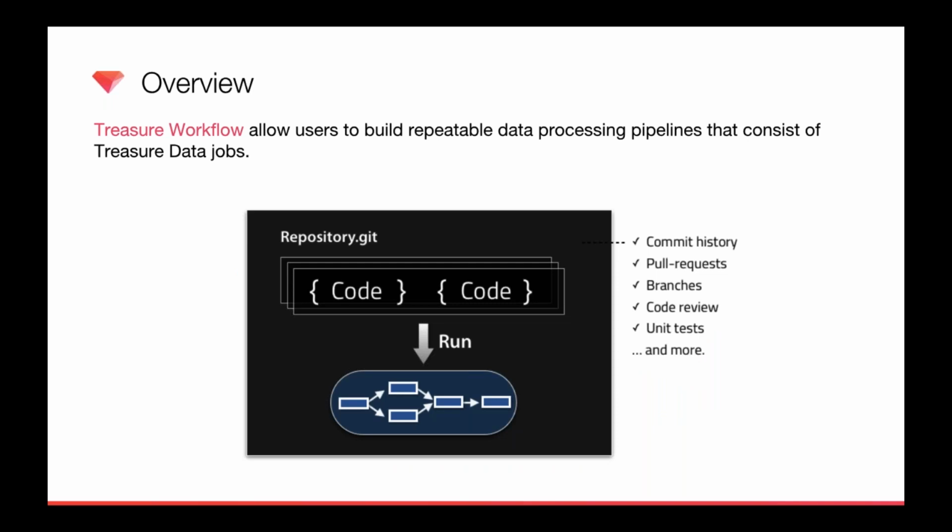As I alluded to before, ultimately what Treasure Data Workflow allows us to do is build repeatable data processing pipelines that consist of Treasure Data jobs. And a really powerful dimension of this is that these workflow scripts are just YAML files, they're just code, so they can be treated like the rest of the code in your project. And they can be checked into version control, used in unit testing, or just like any other script.